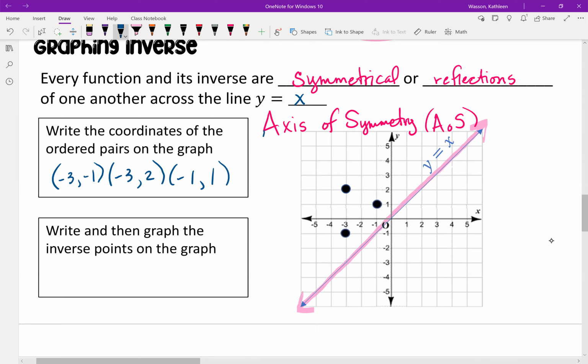I can then invert each point and write a list of inverse points. Don't change the signs, just write the x's and y's in the opposite order.